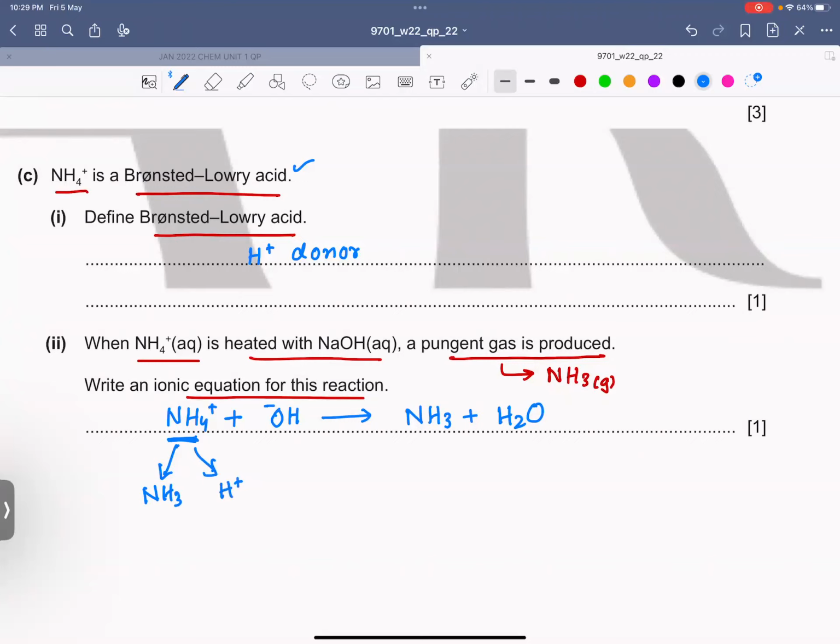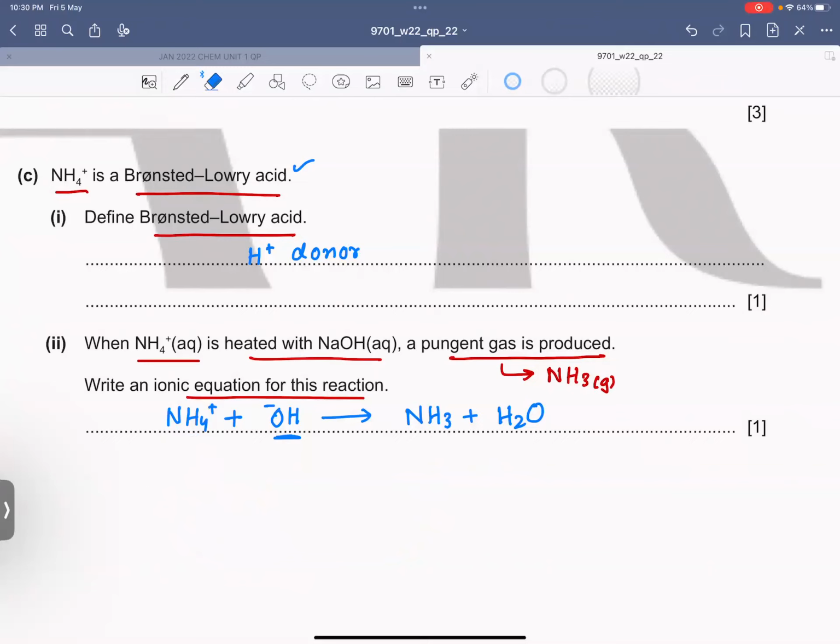This NH3 forms ammonia gas, and this hydrogen ion combines with this hydroxide ion to give you water. Is this clear? Yes sir. If anyone else has any doubt, do ask.